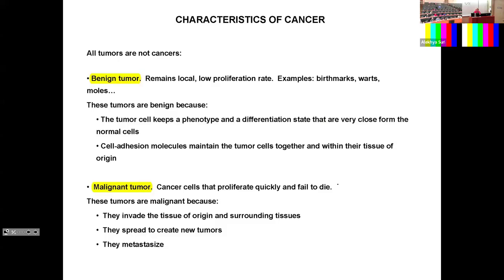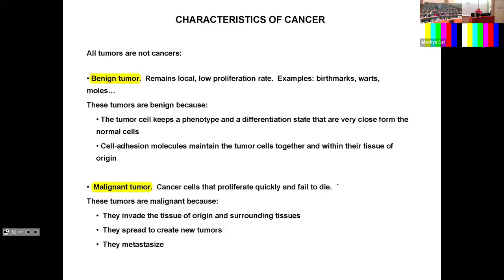The malignant tumors are those that already have the capability to invade the tissue of origin and the surrounding tissues. So they have a way to spread and create new tumors. They spread because they secrete certain molecules called proteases that can degrade the extracellular matrix, so they can move and migrate to another area.